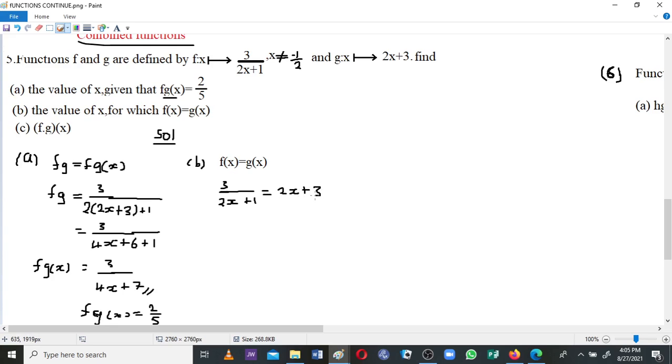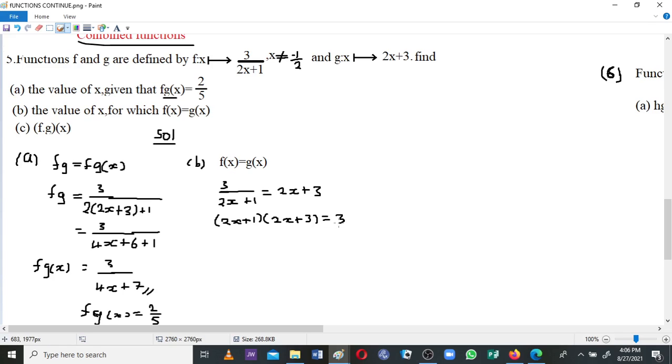Now solving this is going to give you 2x plus 1 multiplied by 2x plus 3 is equal to 3. So this is what we're going to have.